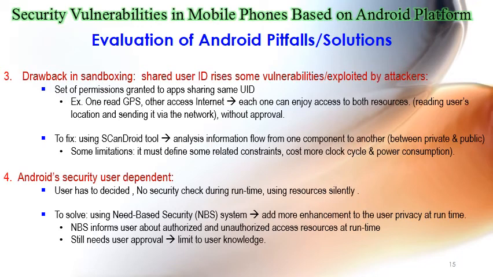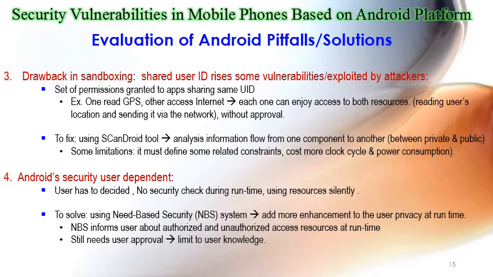Third, some pitfalls have been found in the sandboxing mechanisms, because of the shared user ID method. This method raises some vulnerabilities that can be exploited by attackers. The solution is to use a tool called Scandroid to analyze the information flow.